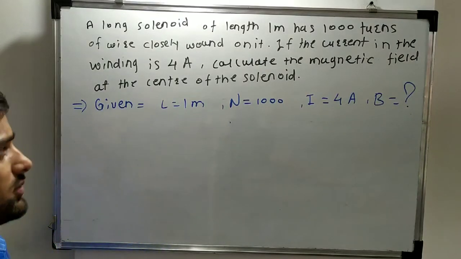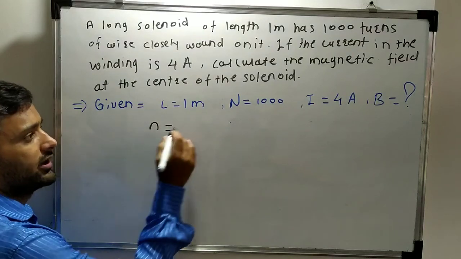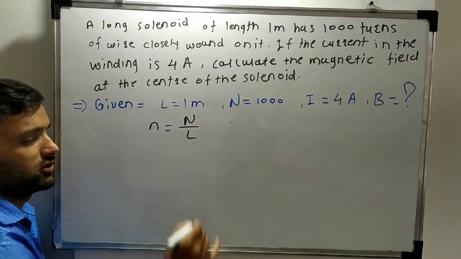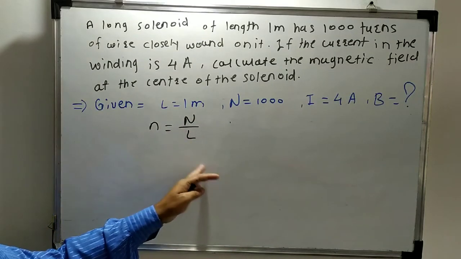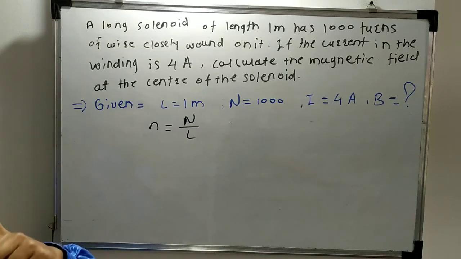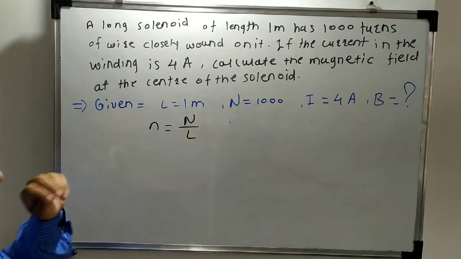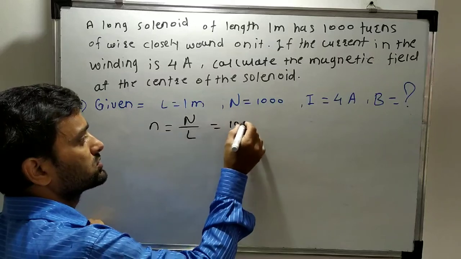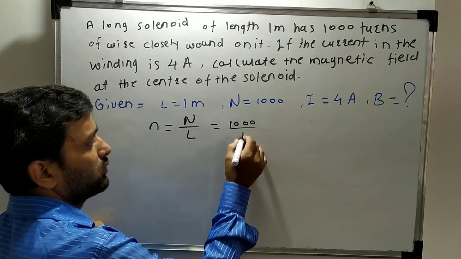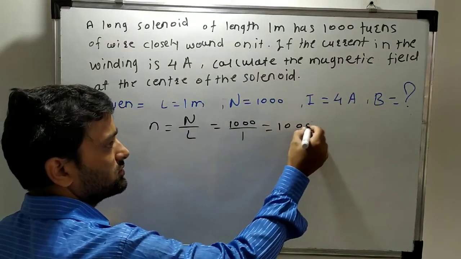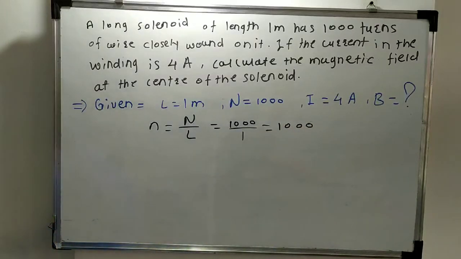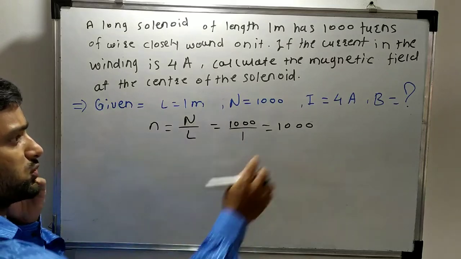Then how to determine the value of small n? Small n is called the number of turns per unit length. We already discussed this in the previous topic of the toroid. So 1000 divided by 1 is 1000. Actually there is no change, but we should consider this part also at the time of the numerical. So n is 1000.